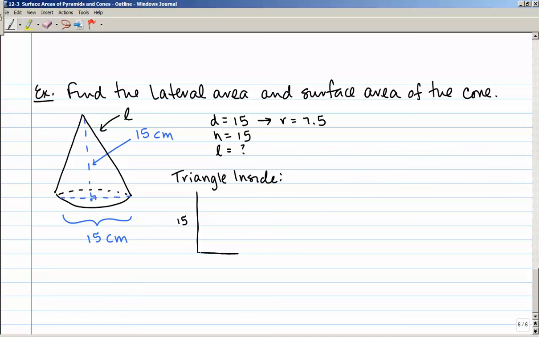There's from the center to the outside edge of the cone, so that's this distance here, which is going to be 7.5. And then what I don't know is my slant height. So again, using the Pythagorean theorem, 7.5 squared plus 15 squared equals my slant height squared. So L is approximately equal to 16.8.